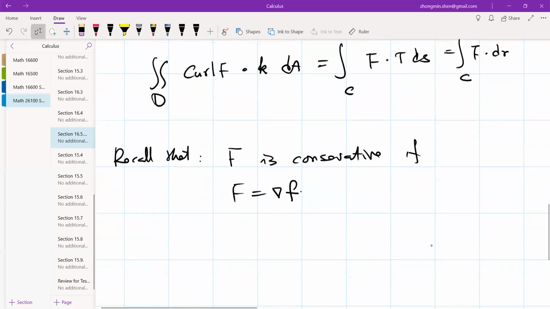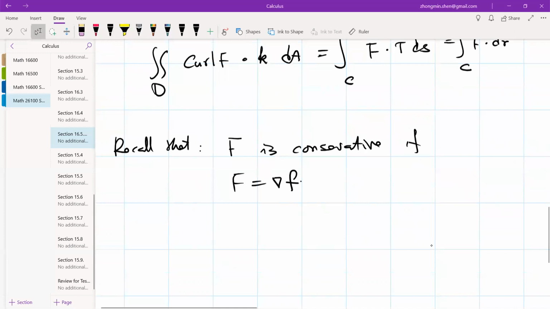So if F is a vector field in the two-dimensional case, that means F is just P and Q.